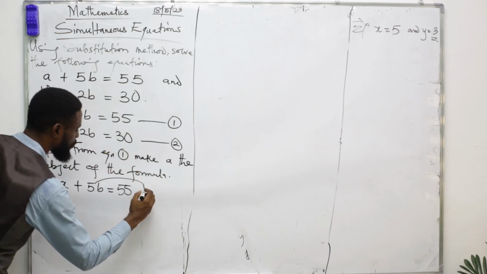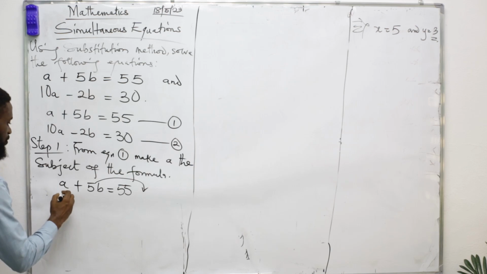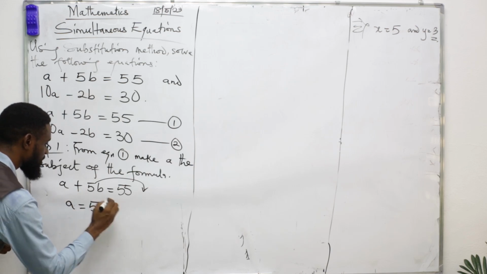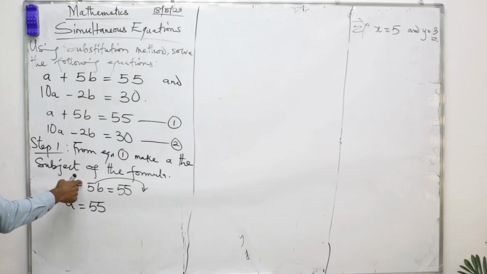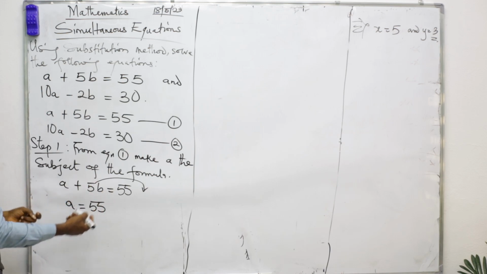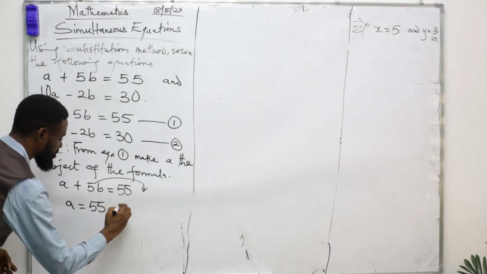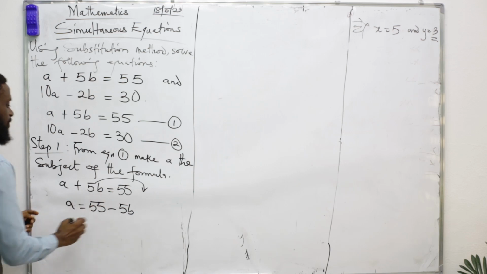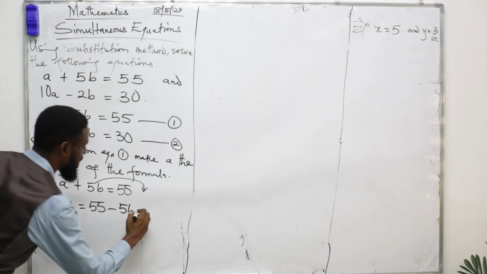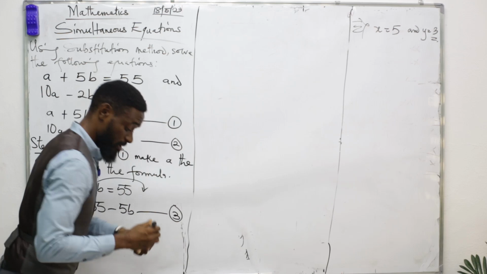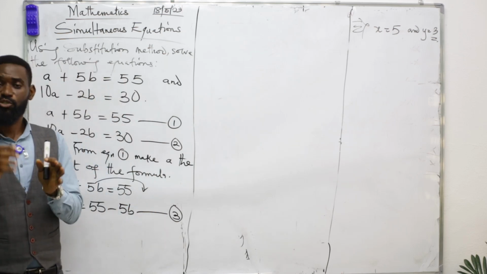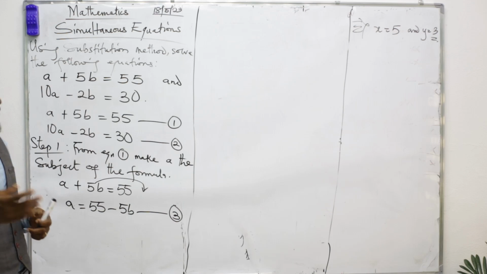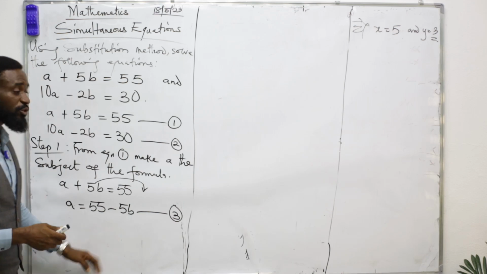So we'll have A is now equal to 55 minus 5b, because 5b is positive, so it becomes minus. Do you get that point? We can't solve further here, so this becomes our equation 3. In the substitution method, at the end of the day, we are arriving at almost equation 3. Do you get the point?